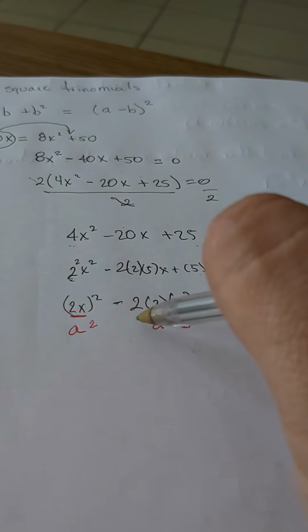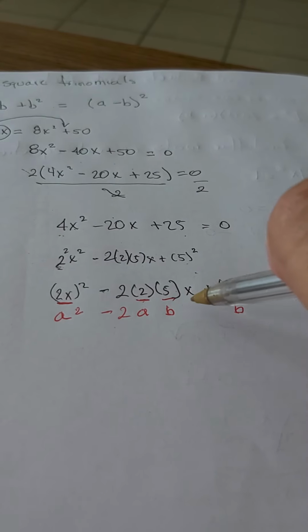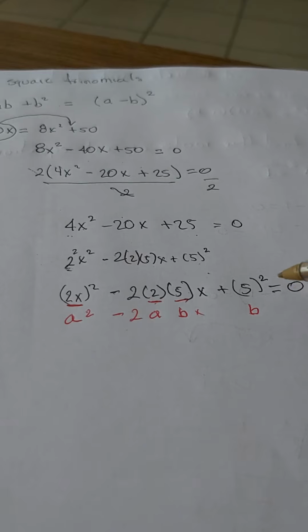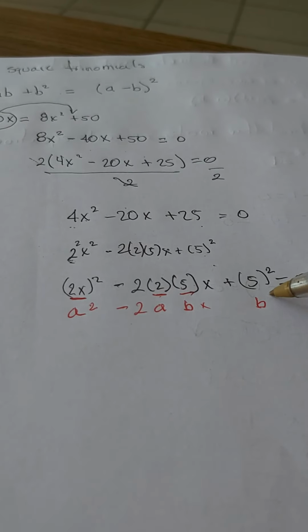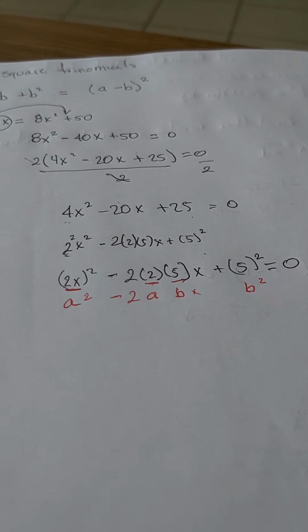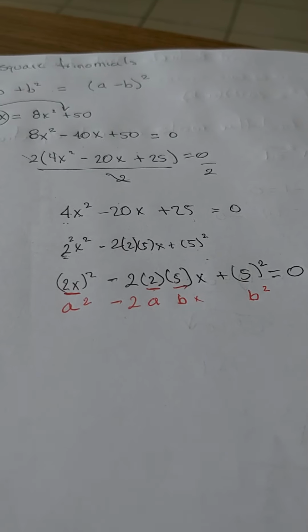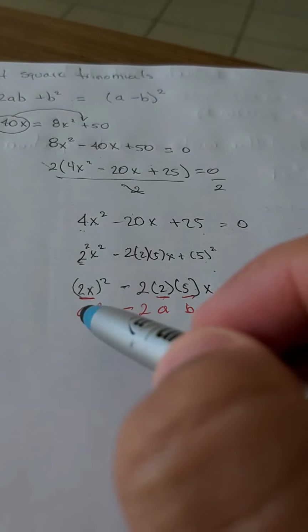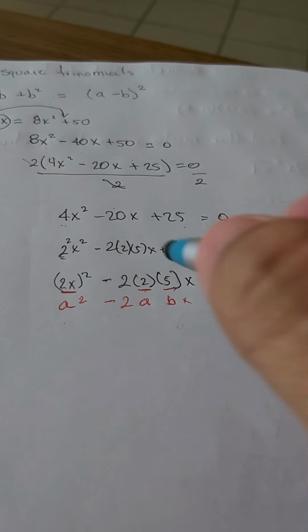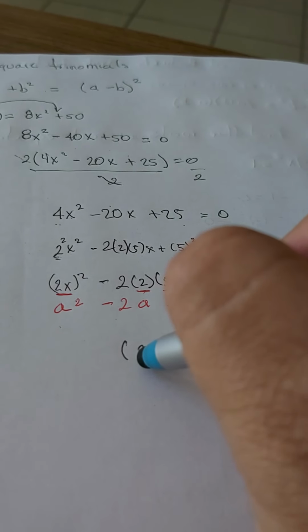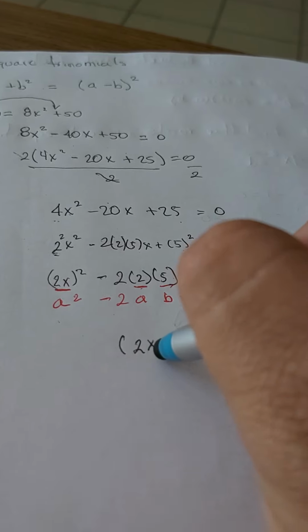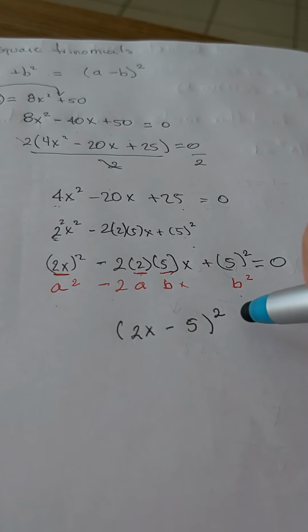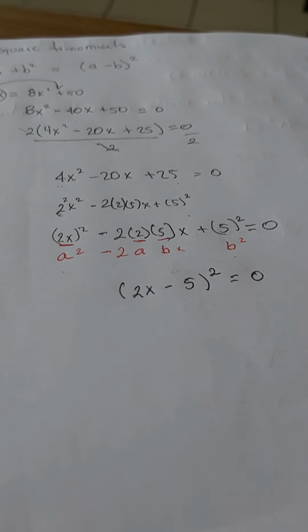A squared minus 2ab plus b squared. So the perfect square trinomial says it is (a minus b), that is, (2x minus 5) squared equals 0.